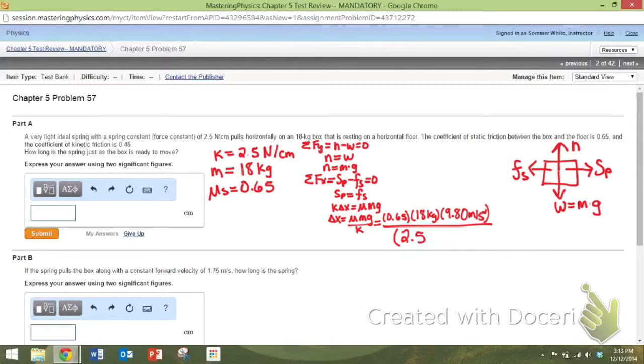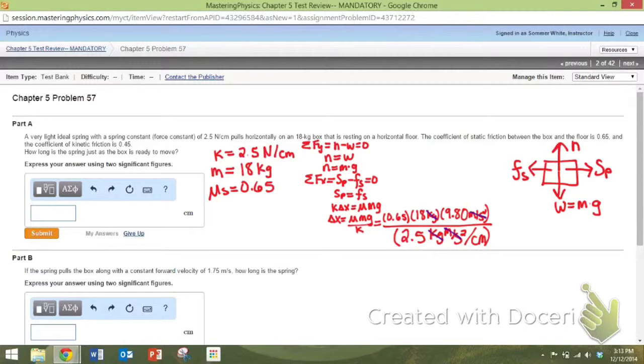We know that a Newton has a particular definition: kilograms meters per second squared. And we had newtons per centimeter, so we end up with centimeters in the denominator. We wrote out what a Newton actually is to make sure that all of our units are canceling properly. And we can see that they are, because we have kilograms over kilograms, and meters per second squared over meters per second squared. We're left with centimeters in the denominator of the denominator, so that puts it up in the numerator.